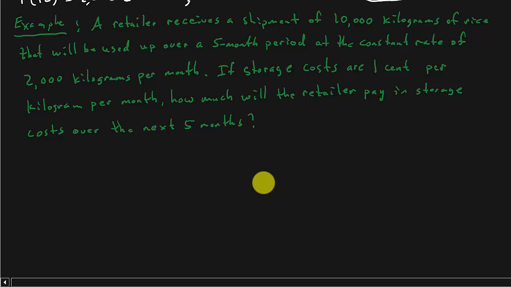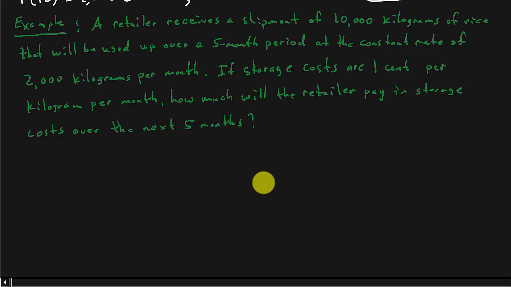All right, so let's look at this. It says a retailer receives a shipment of 10,000 kilograms of rice that will be used up over a 5-month period at the constant rate of 2,000 kilograms per month.